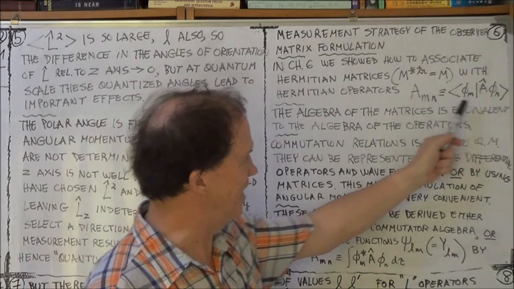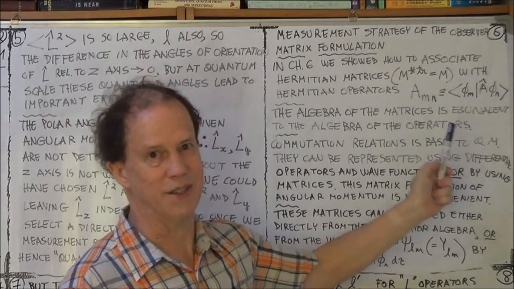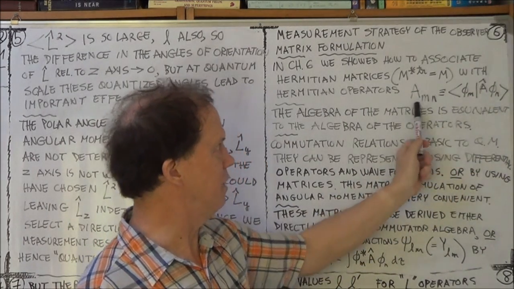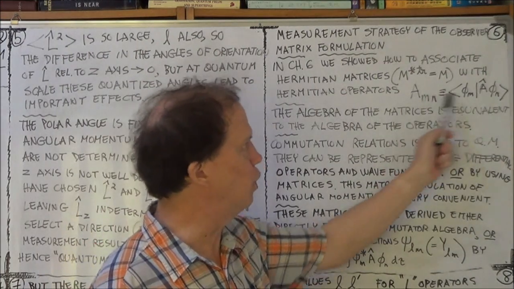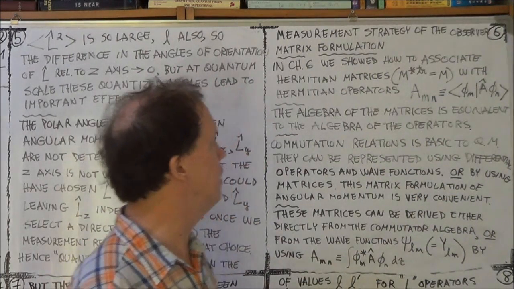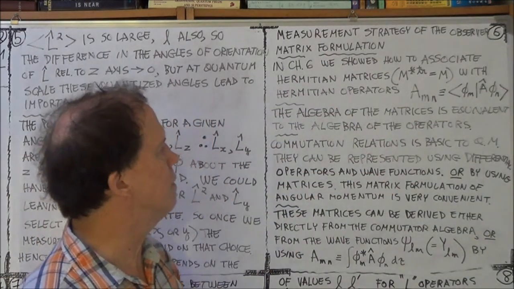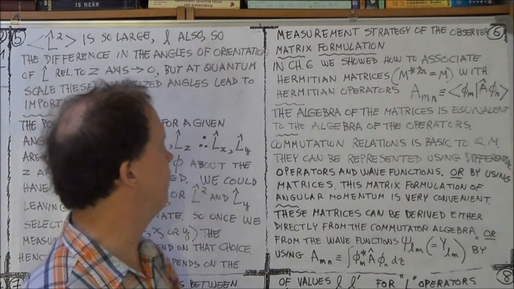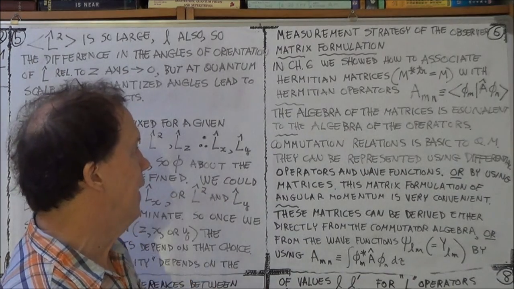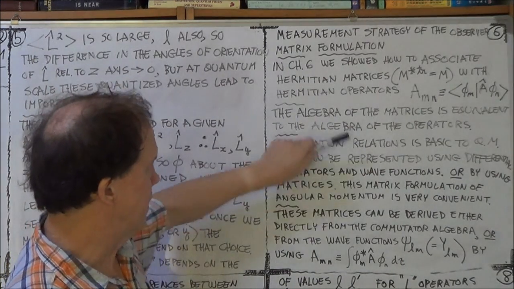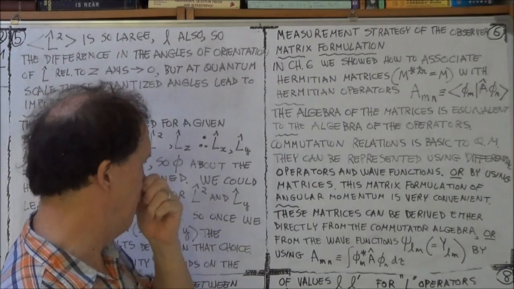And you see the equivalence here. That's pretty easy, right? Here's your operator and here's your matrix, and the conversion between the two is pretty easy. So the algebra between the two approaches is equivalent. You can use one or the other.